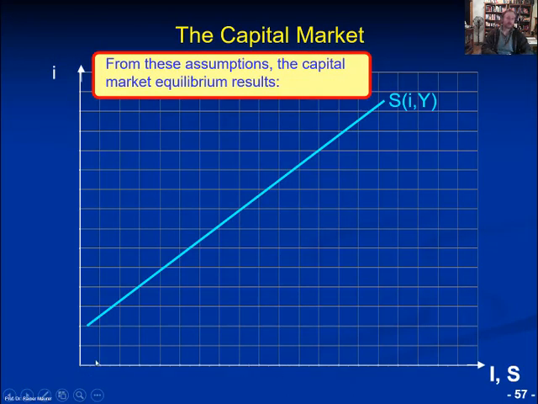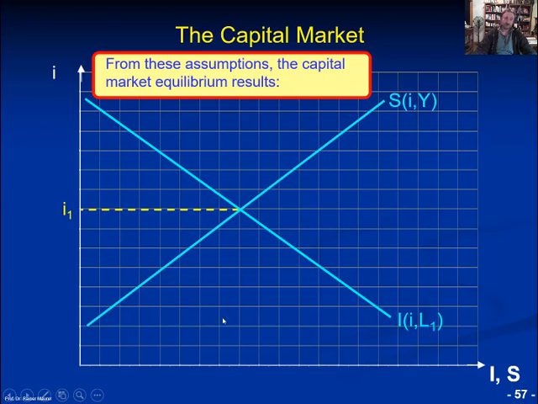Given all these assumptions, we are now able to determine the equilibrium interest rate of the capital market. Here we add the credit demand curve to the capital market. This is the credit supply curve, household savings. The equilibrium interest rate balances credit supply of households with credit demand of firms.